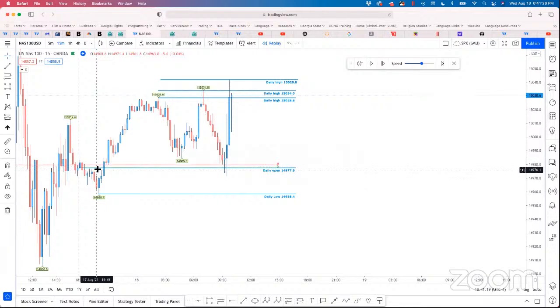At the opening price, you see price came down, made a low, and it held, right? Once it came back to the opening price, it broke and closed above that. There's also a monthly, right?